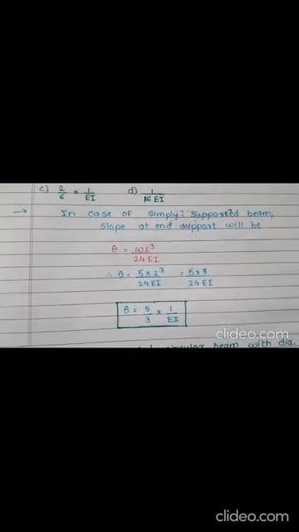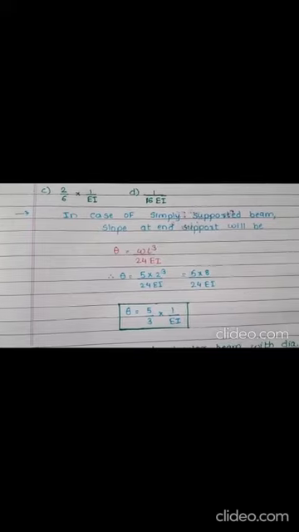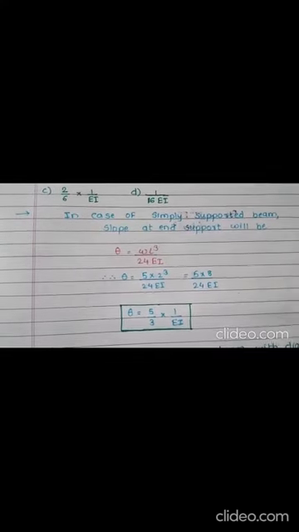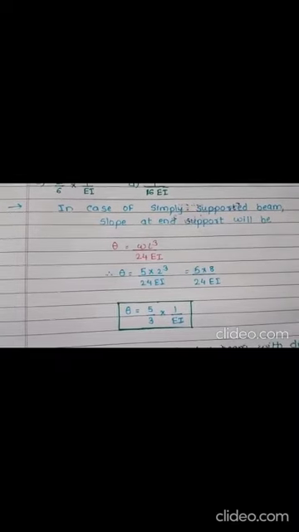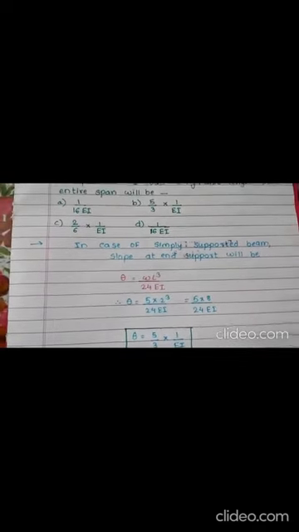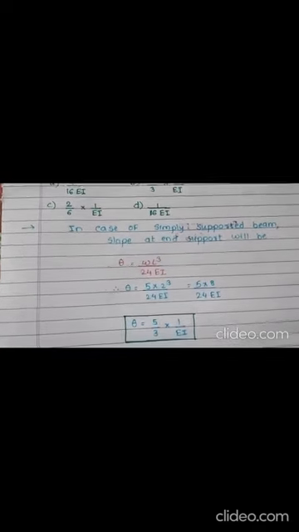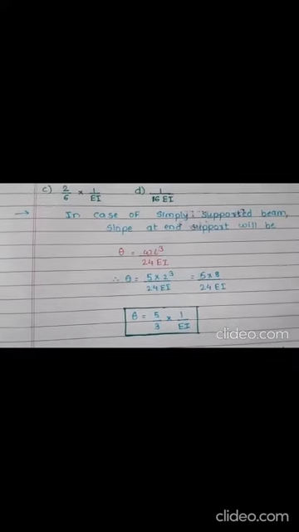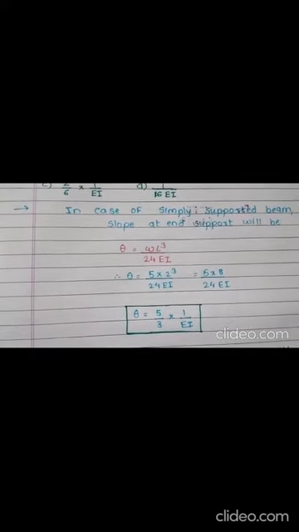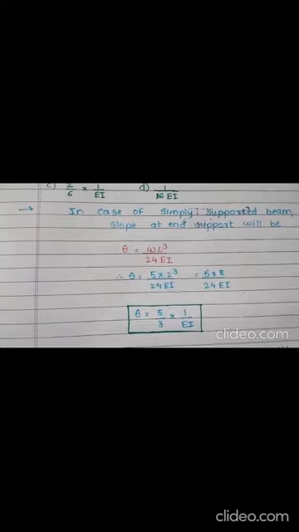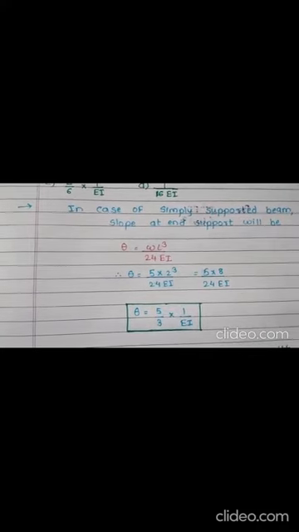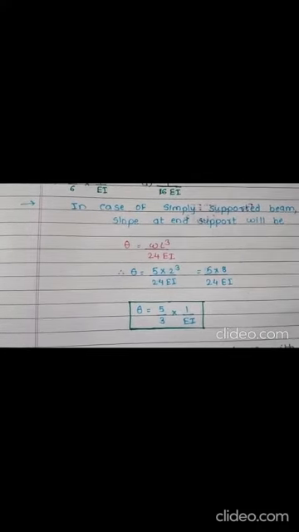In case of a simply supported beam, the slope at the end support is given by the formula theta is equal to WL cube upon 24 EI. Here the value of W is given as 5 kg and the span is given as 2 meter. Putting these values, we get the slope at the end support as 5 upon 3 EI.